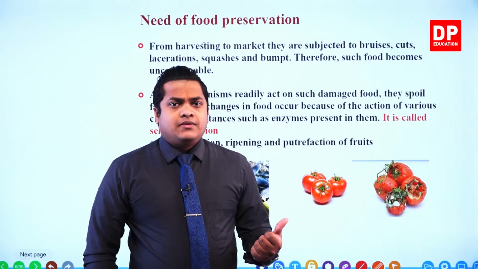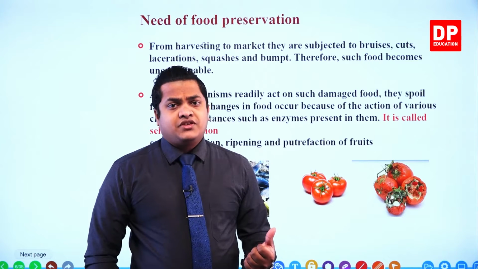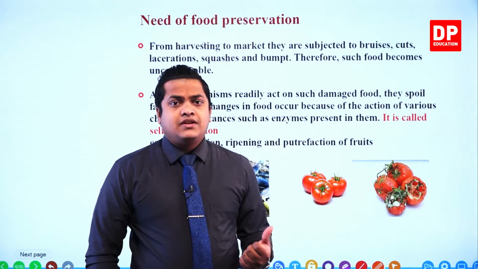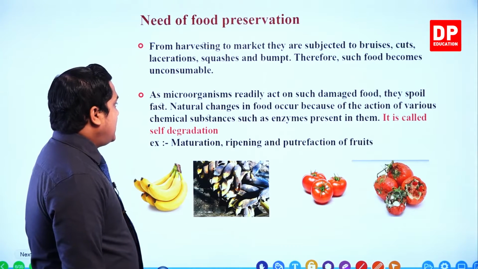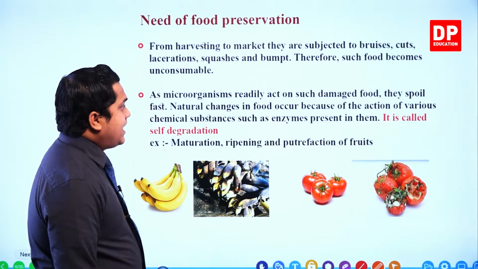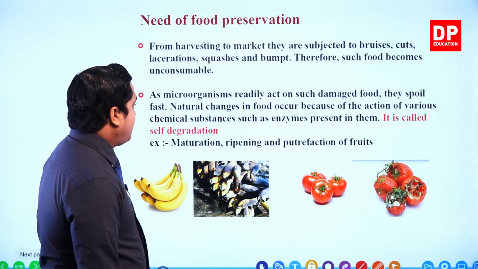So upon processing issues also, right, food may get spoiled, especially fruits and vegetables. Then, my dear children, it is given that as microorganisms readily act on such damaged food, they spoil fast.